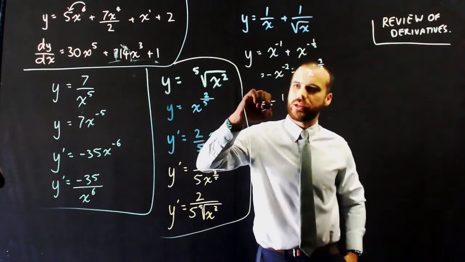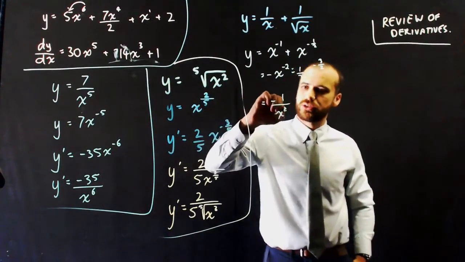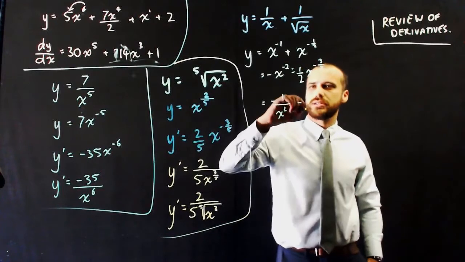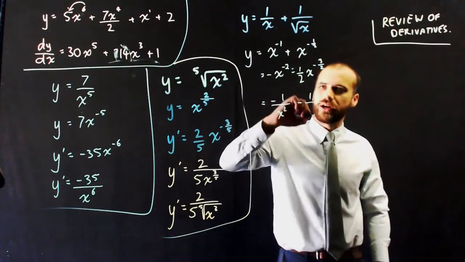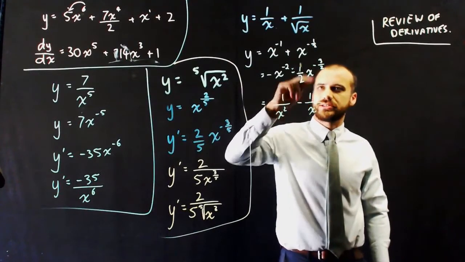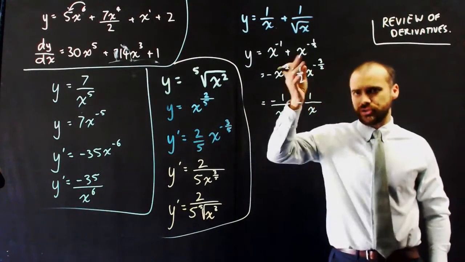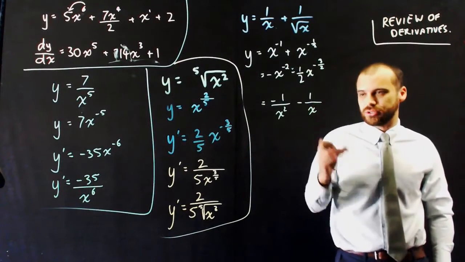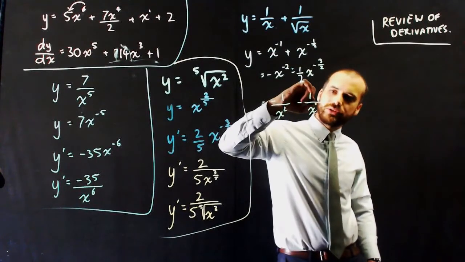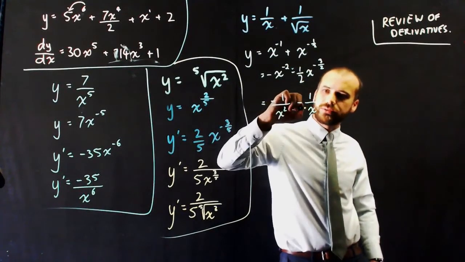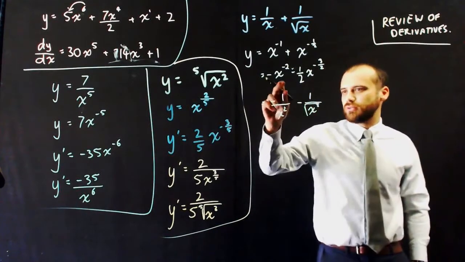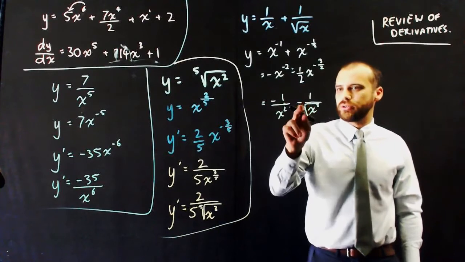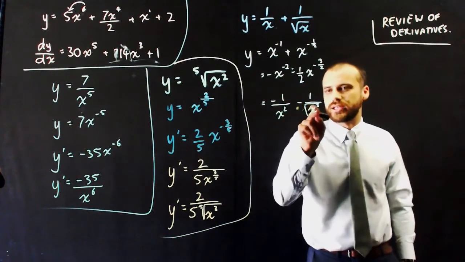It's going to be negative 1 over x squared minus 1 over x. So I'm moving that negative 3 on 2 to the bottom to become x to the power of 3 on 2. But then I also need to turn it back into a radical. So negative 1 on x squared minus 1 on the square root of x cubed.